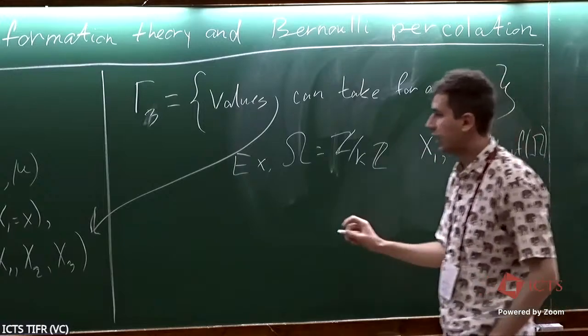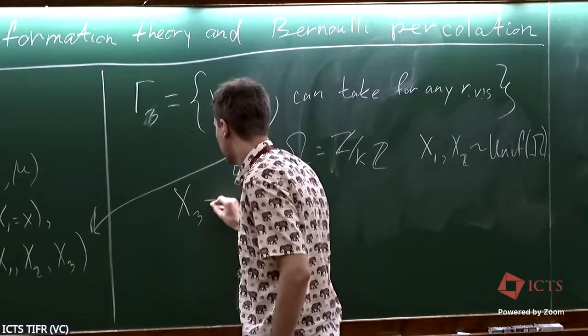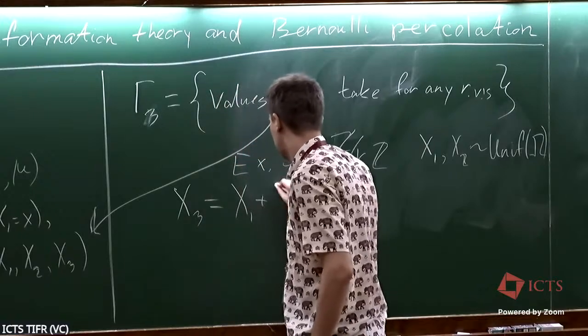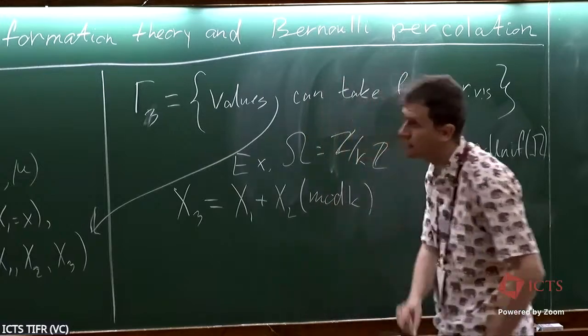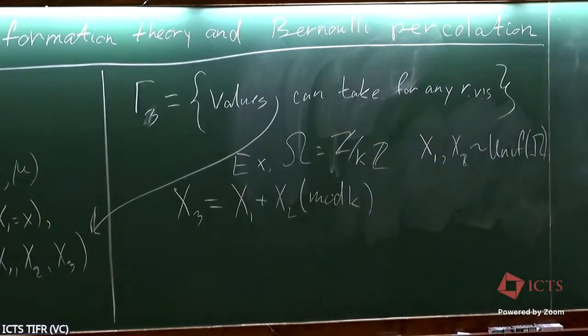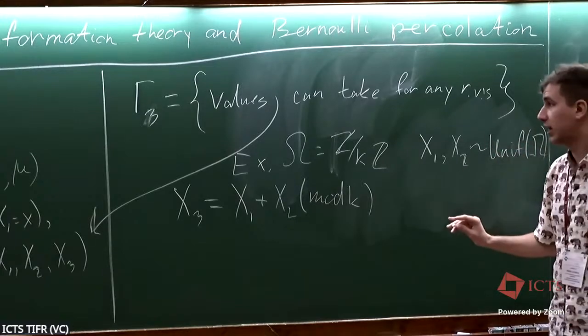And let's say x3 is equal to x1 plus x2, mod k. So this is my setup. Let's compute, just for this example, what will be the entropies?